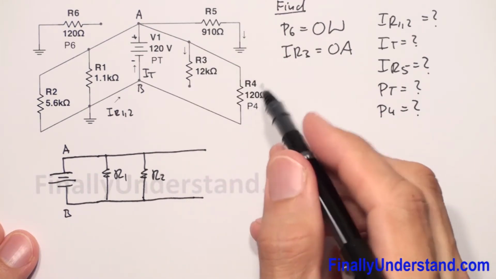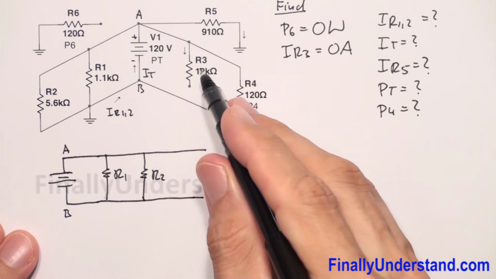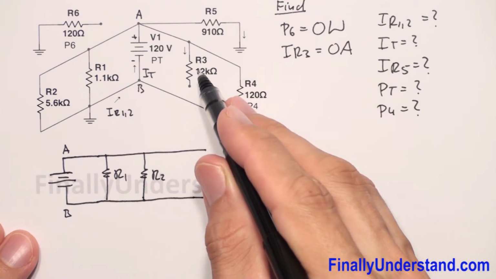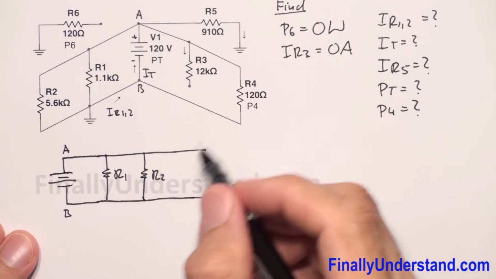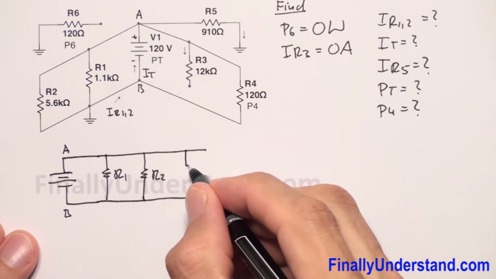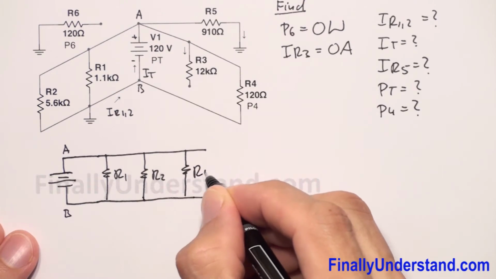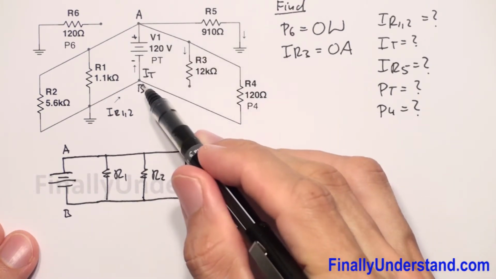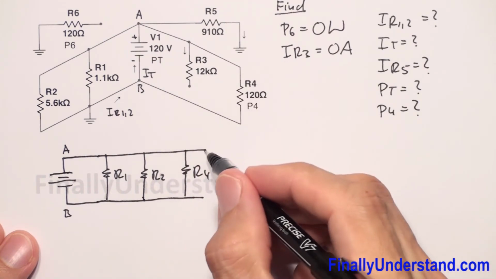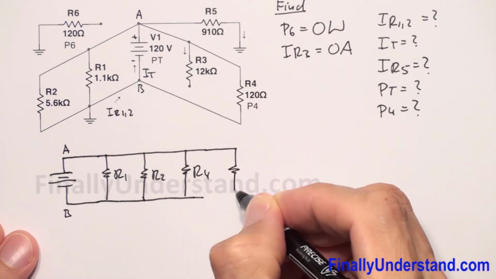R4 is next, because resistor R3 is disconnected. I'm not going to include it in my new circuit. So let me just draw R4 over here, because R4 is connected to point A and to point B, which is my ground, and I have also R5.